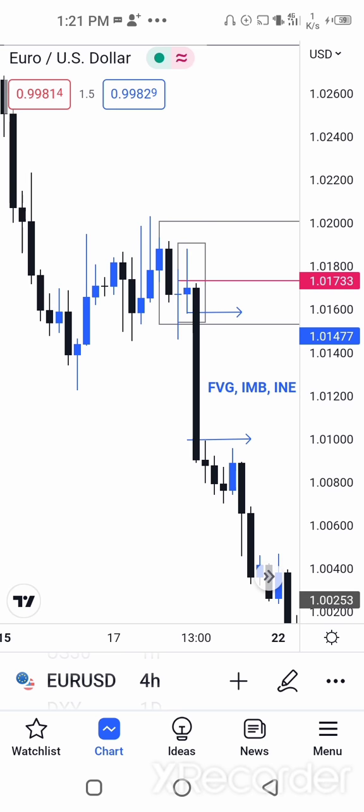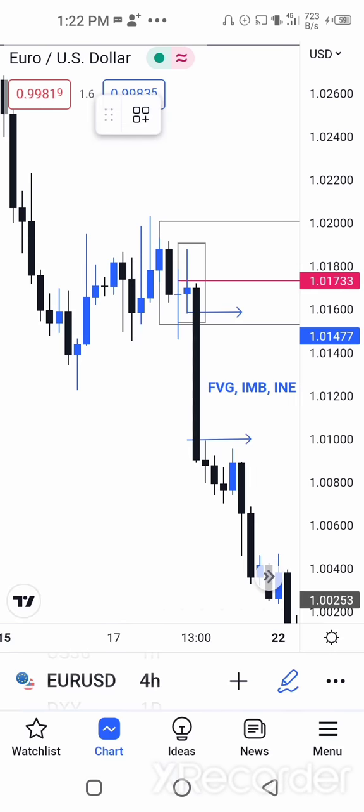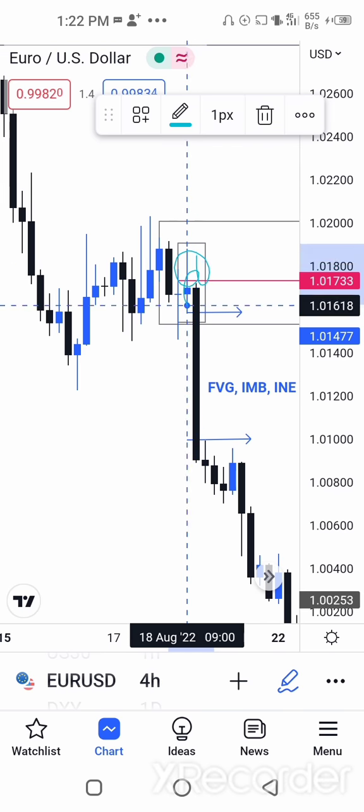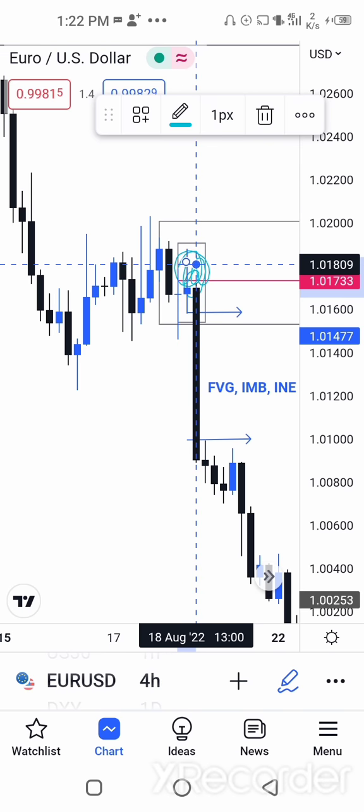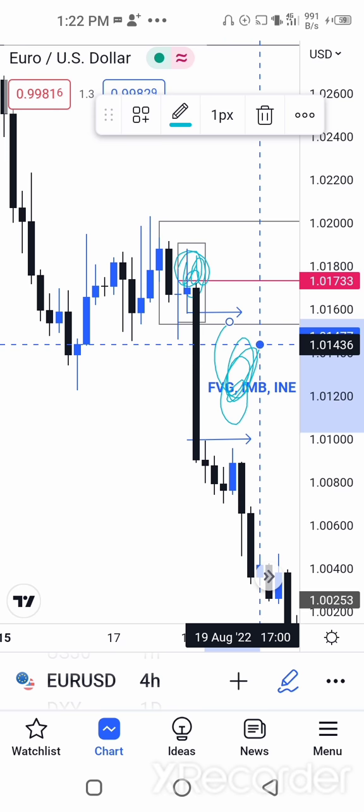So that is one criterion of a valid order block. After the last bullish candle before the bearish candle is formed, what happens? You must have at least an imbalance, which shows the rapid delivery of price, the volume that was set in.